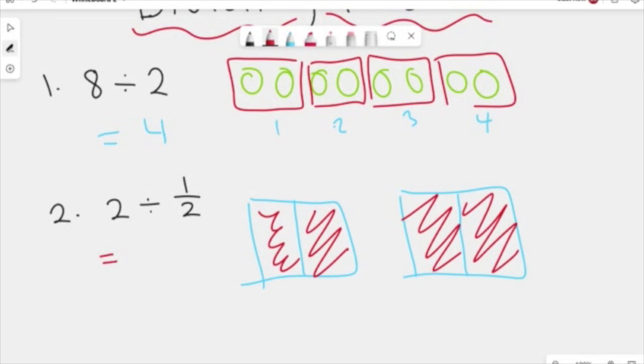Now, here in this particular example, we have that 2 is divided by a half. Now, that is the same as 2 multiplied by this reciprocal, 2 over 1. Now, this is 2 divided by 1 on this right-hand side. So this is just 2 times 2, which is 4, which is the exact amount of portions we shaded in here.